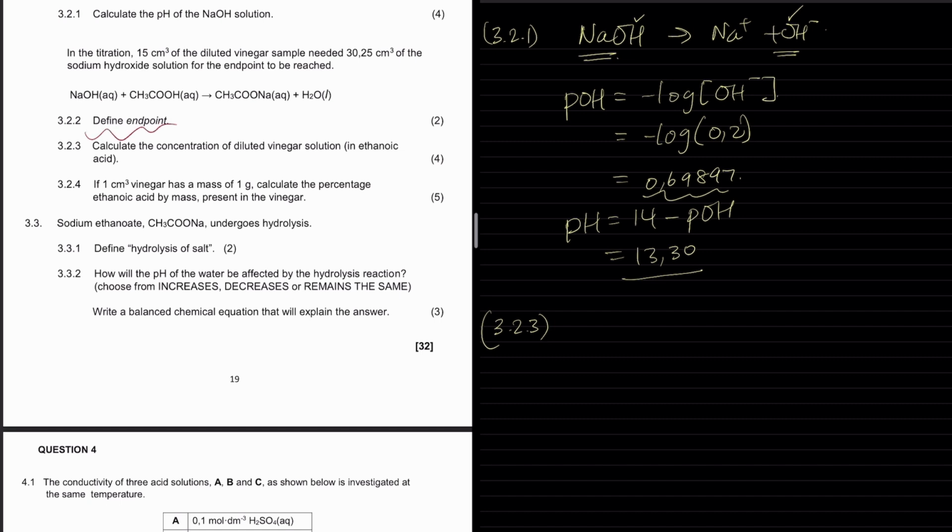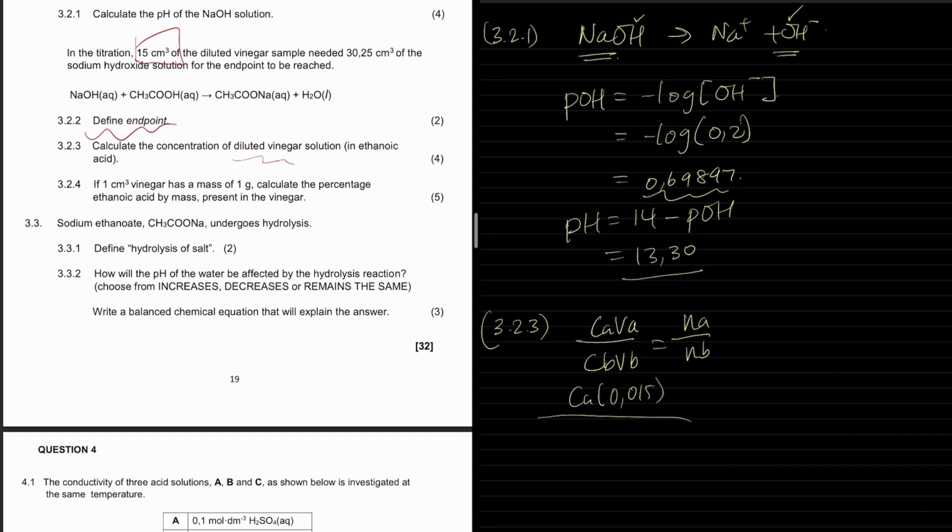So it reached endpoint, so we can do CAVA over CBVB is equal to NA over NB. So they want the vinegar, which is the acid, so we don't know what that is. So Ca, the volume of the acid was 15 cm cubed, so 0.015. You don't have to convert, but just do it.